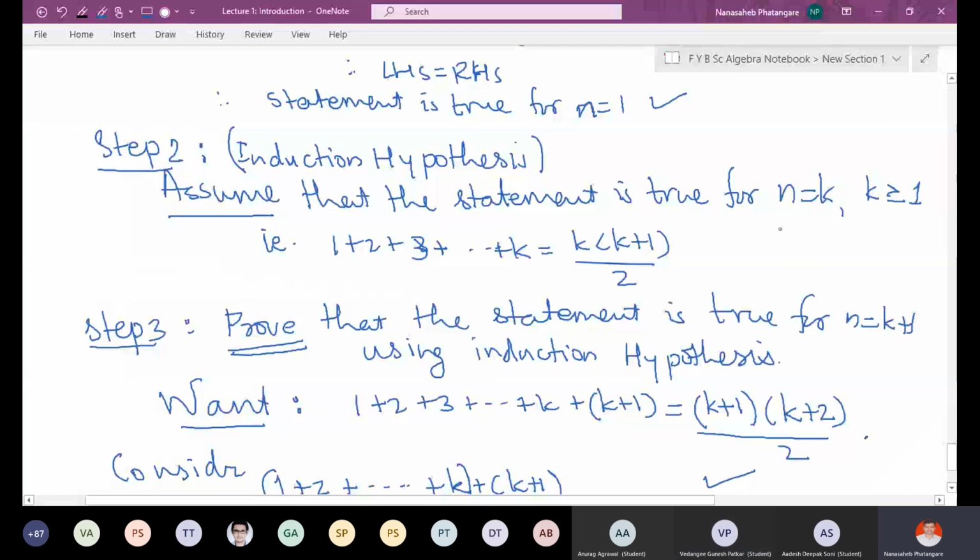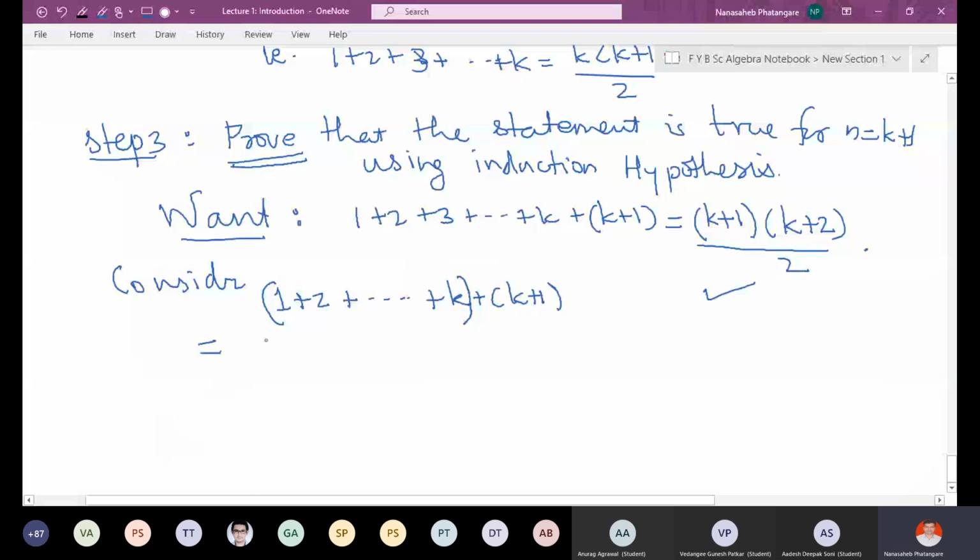We are assuming that this is true, and therefore 1 plus 2 plus up to k is k into k plus 1 upon 2, plus the new number k plus 1, right? So very good. k into k plus 1 plus, now simplify this, and whole divided by 2.